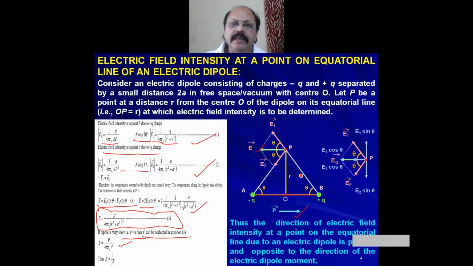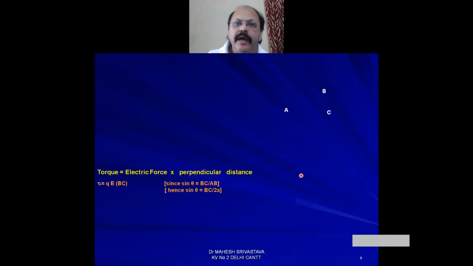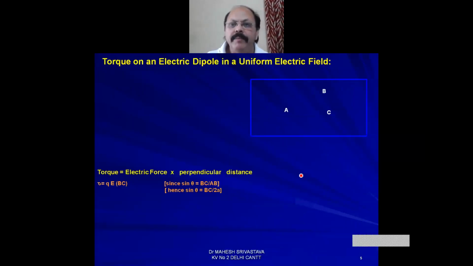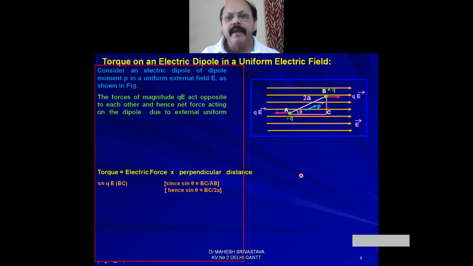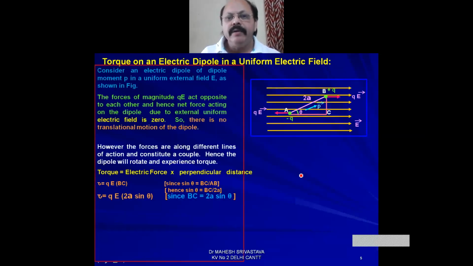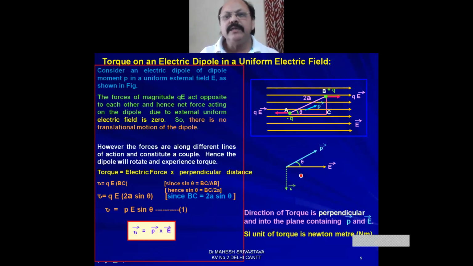Now we calculate torque acting on an electric dipole when placed in a uniform electric field. So for that purpose, again we consider an electric dipole which consists of minus q charge and plus q charge separated by a small distance 2a.